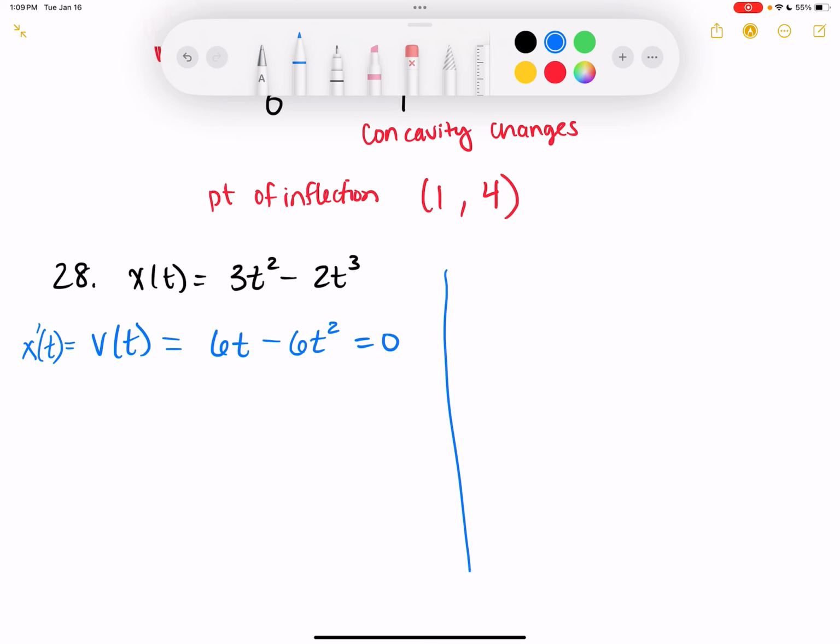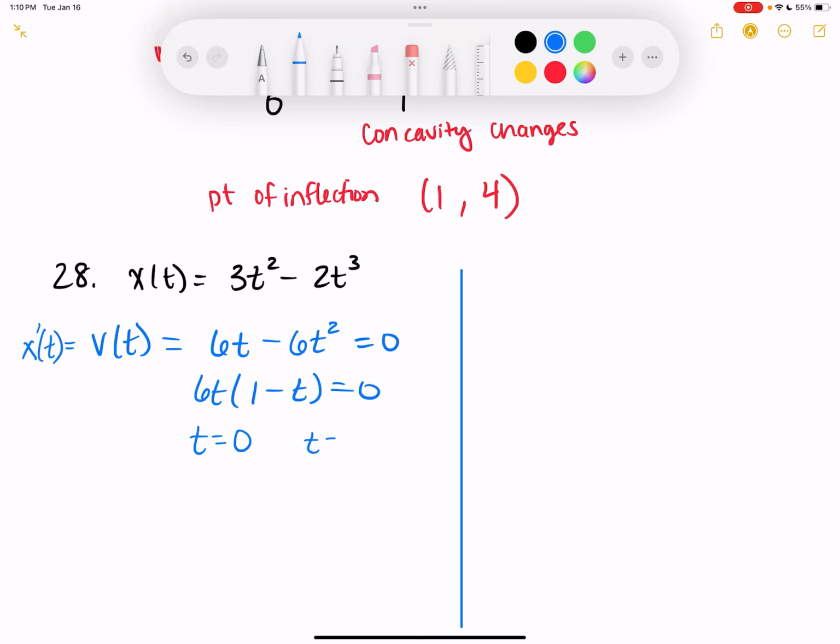I'm going to finish out velocity and we'll move to acceleration. Factor out a 6t, and that'll leave us with 1 minus t. So what values of t make it 0? t equals 0 or t equals 1.